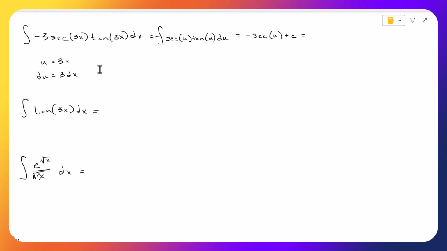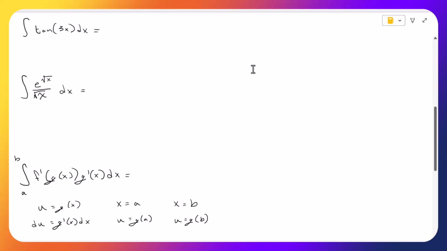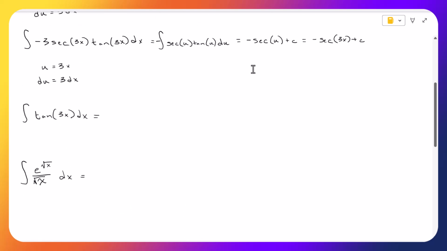And finally, replacing our u with our x again, negative secant of 3x plus c. Boom.